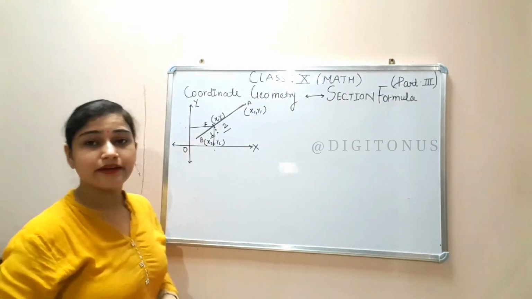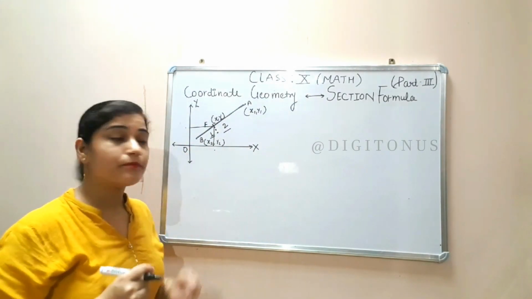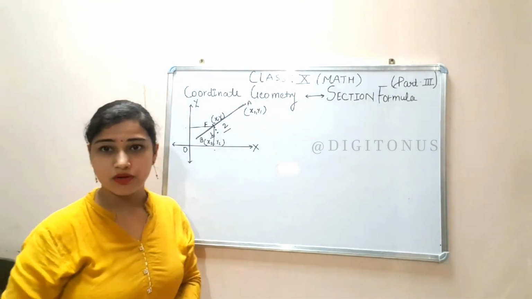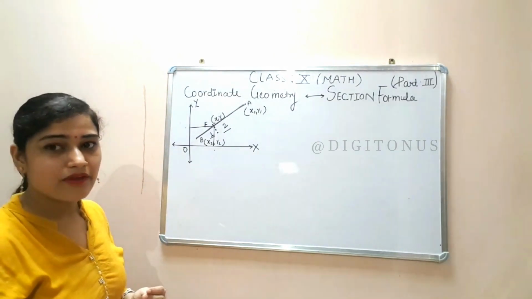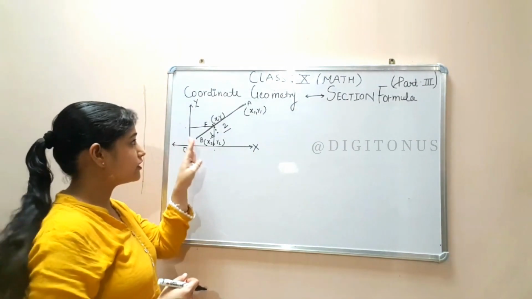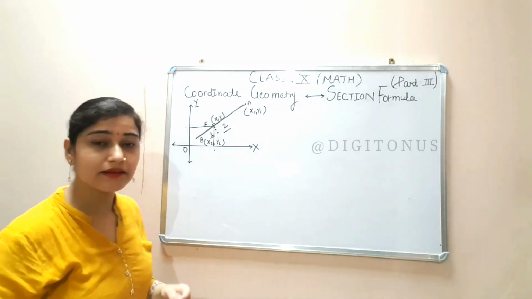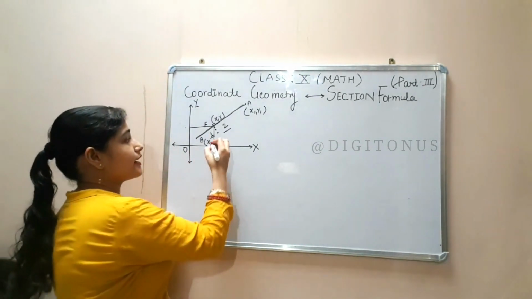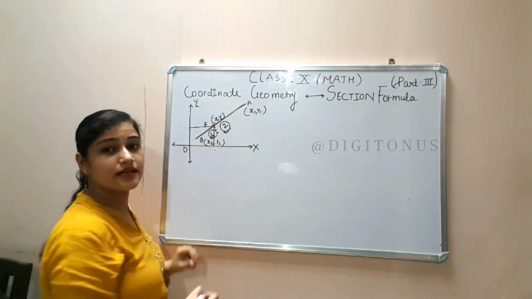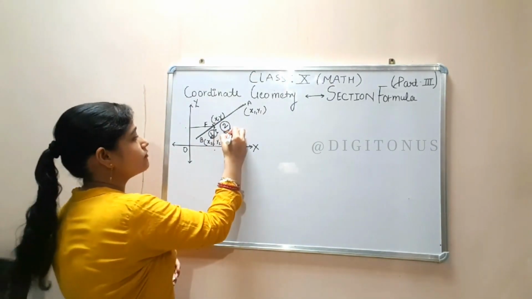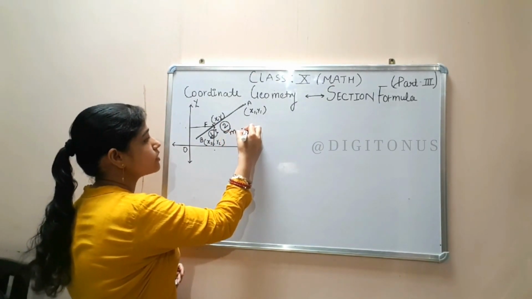But students, here we know the exact value of that ratio. If we don't know the exact value of the ratio in which we are placing anything, then in place of these numbers, these values, we will put m1:m2.